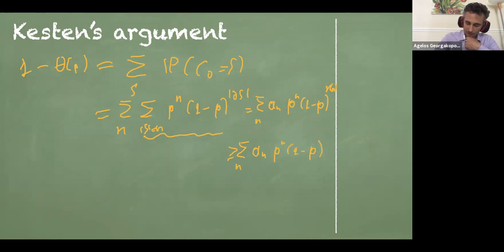So I don't know how much that exponent up there is, but I know it's at most the maximum degree of the graph times n, because for the edges sticking out, I have at most delta of them for every vertex on the interface, if the maximum degree is delta.